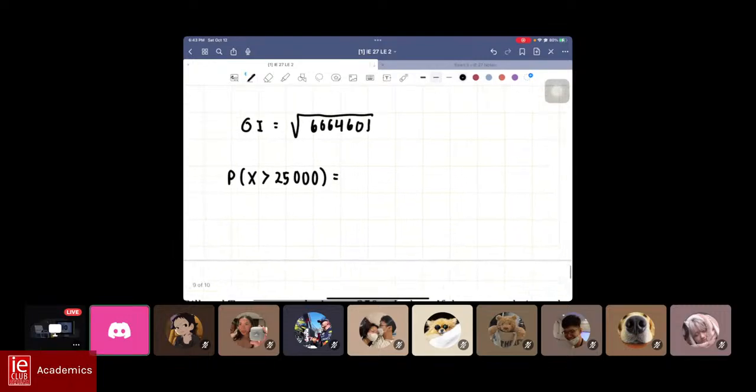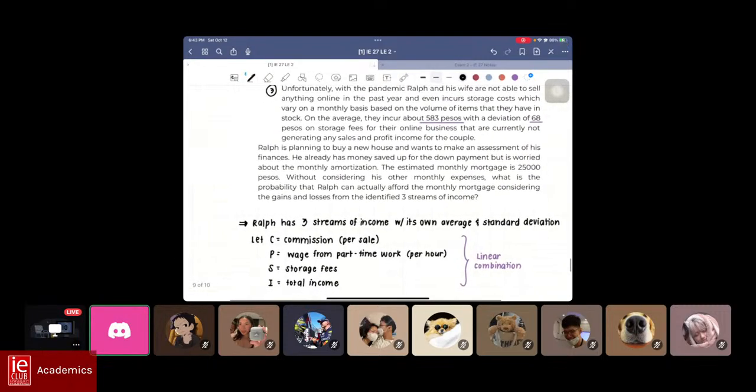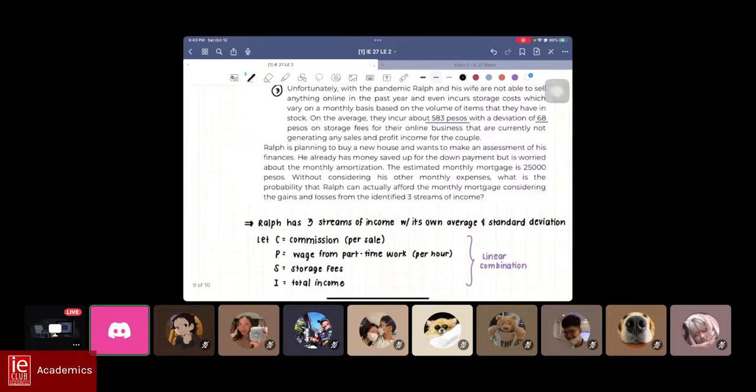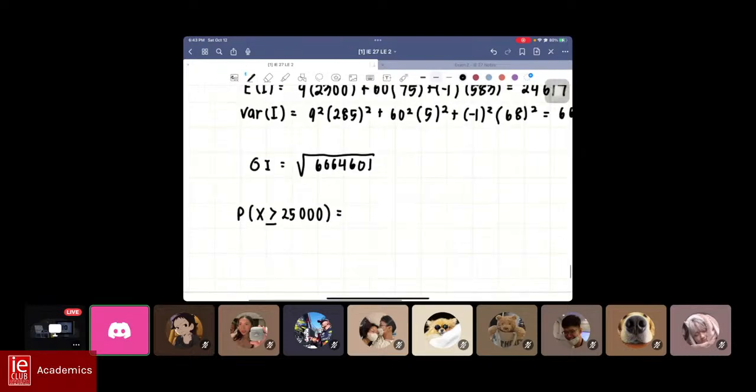6664601. And then we want to know if Ralph can afford the monthly mortgage. So that means the probability that X is greater than or equal to 25,000. So we can get this by 1 minus the probability that X is less than 25,000.